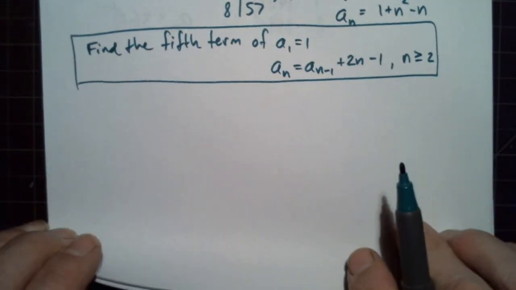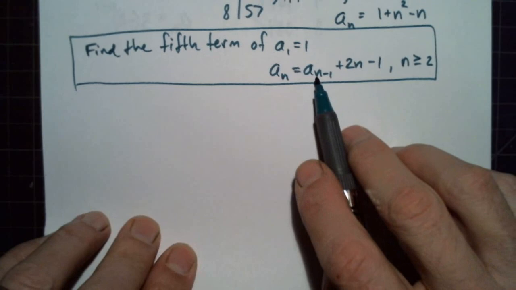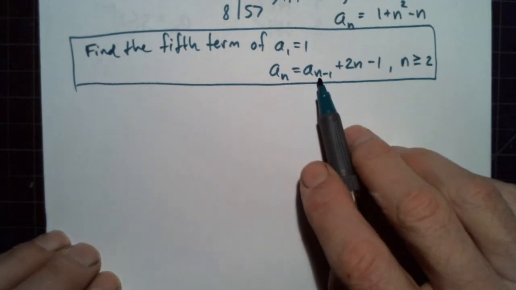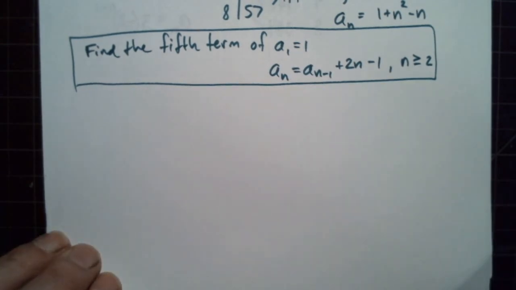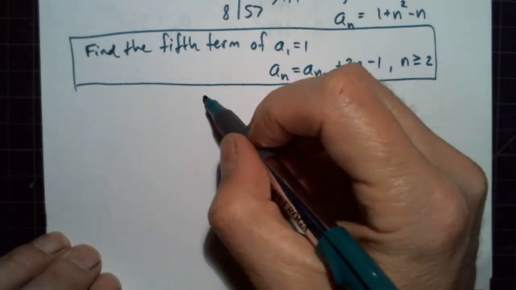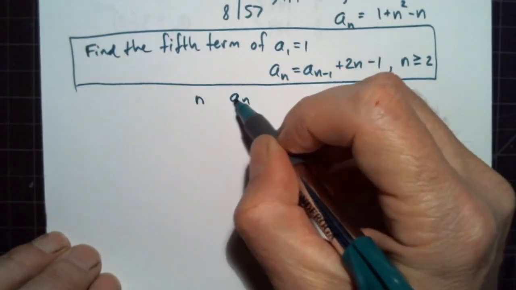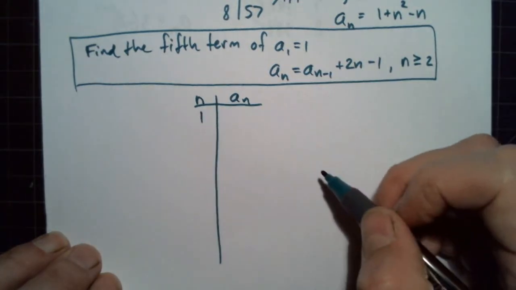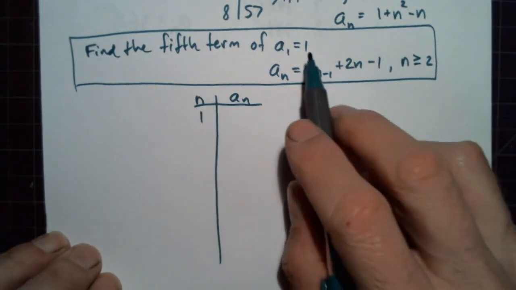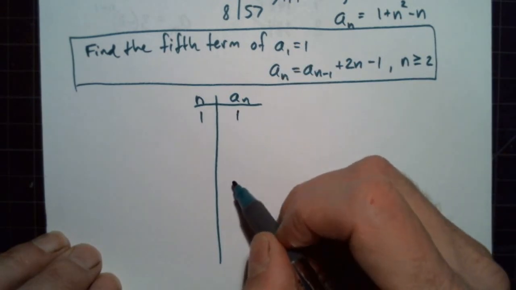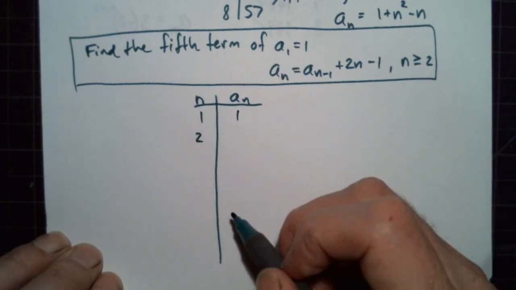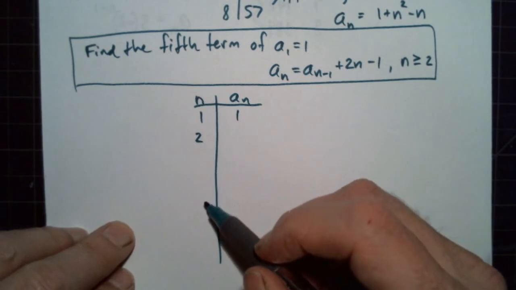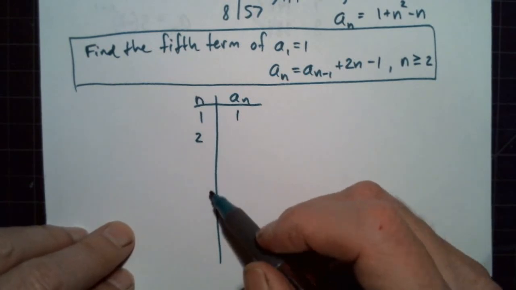Alright, so here we have a recursive formula for a sequence, and they want to find the fifth term. So we can just use the table. And they're telling us that A1 is 1, and we have to find the first 4 terms in order to find the 5th term.